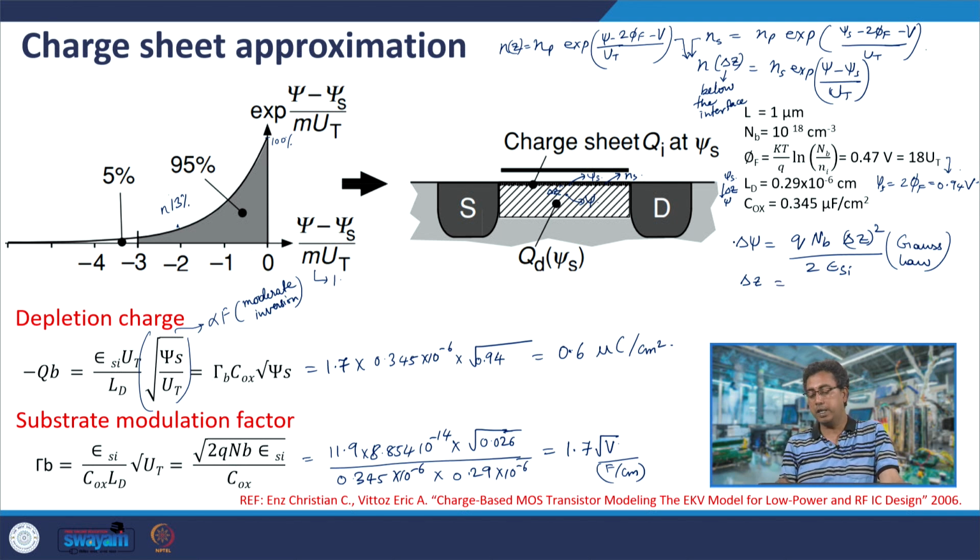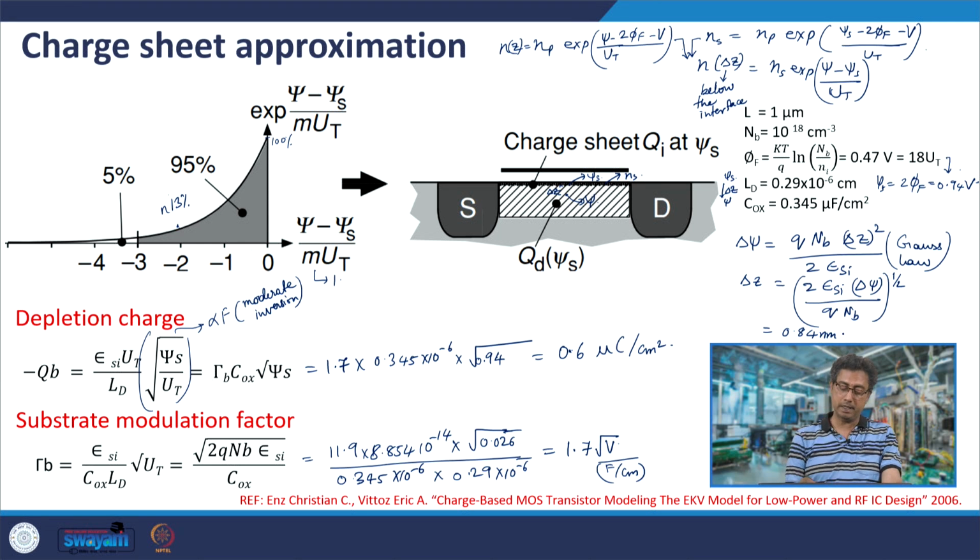So, you relate it to change in potential as you go vertically down from the interface, that would be 2 ut. Okay. So, for 52 millivolts, if you substitute values, this turns out to be nearly 0.84 nanometer.